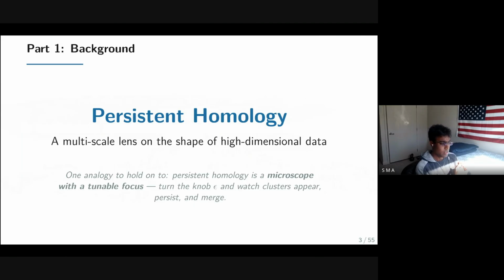And the way to look at it is with persistent homology. You can remember this analogy that I have here, which is that it's like a microscope with a tunable focus. We'll talk soon about why this matters.